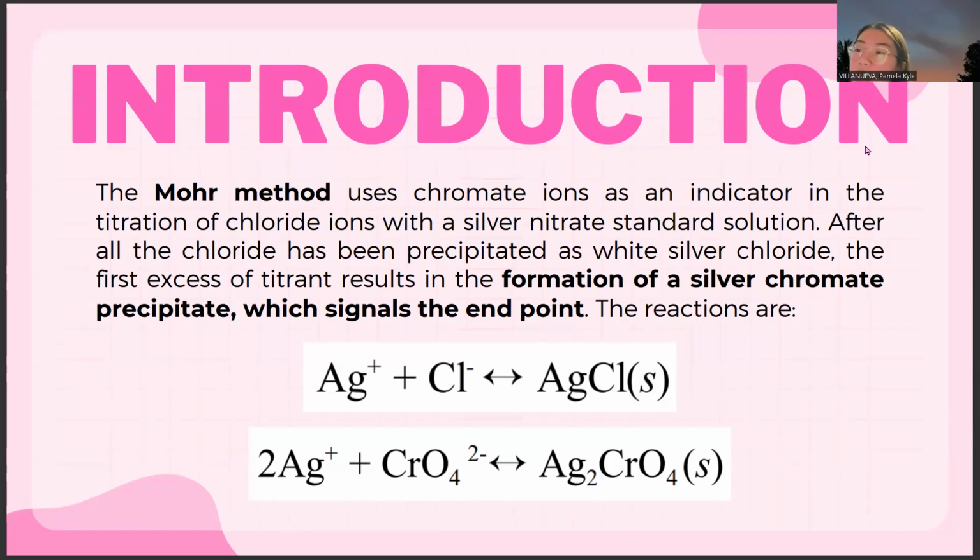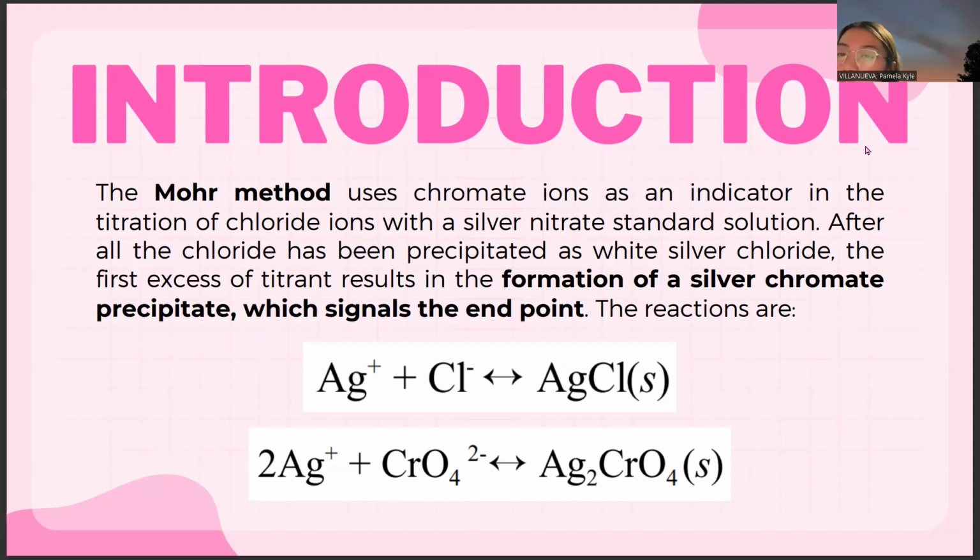Silver nitrate standard solution. After all the chloride has been precipitated as white silver chloride, the excess of titrant results in a silver chromate precipitate, which signals the endpoint. The reaction is Ag+, or silver cation, plus chloride ion. The product is silver chloride.